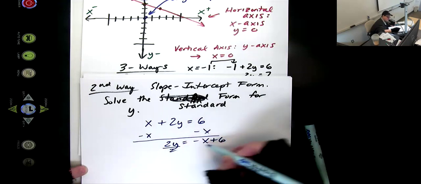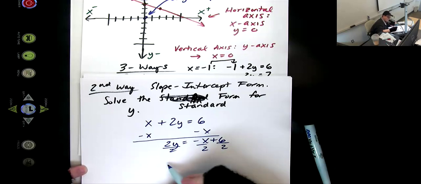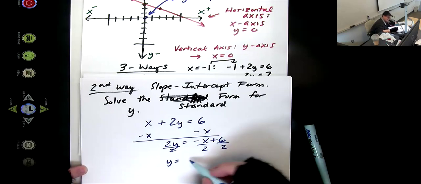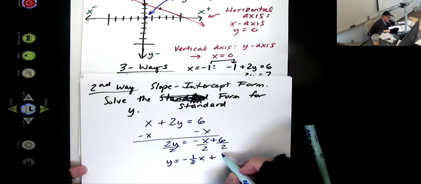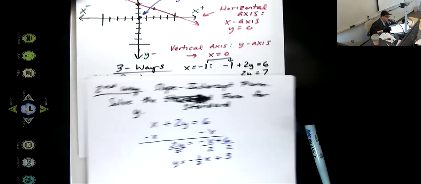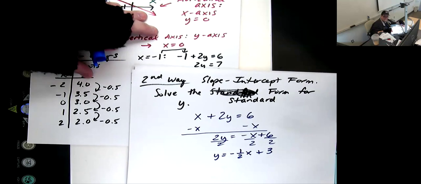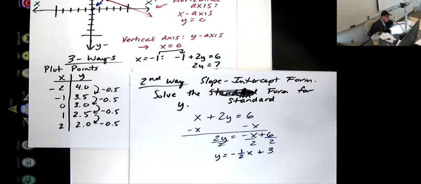Then I'll divide by 2 everywhere, and I get y equals negative x over 2, or negative 1/2 x, plus 6 divided by 2 is 3. We saw both of those things from our table of points.